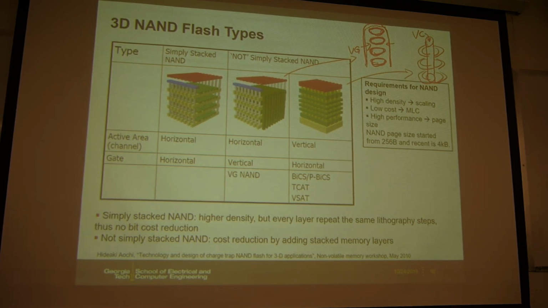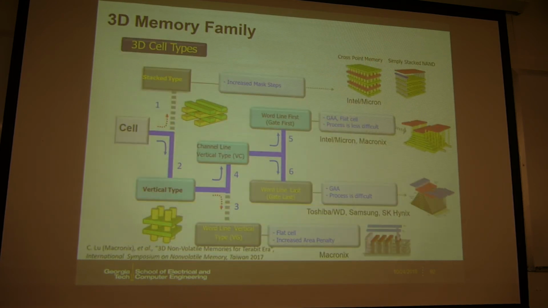So let's look at the 3D memory family. If you look at the memory cell, we talk about the simply stacked type. As I said, when you increase the number of layers, you are going to increase the number of masks for the lithography. So this will increase the cost.